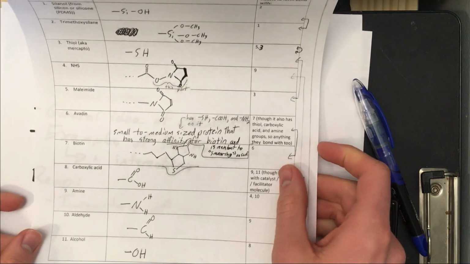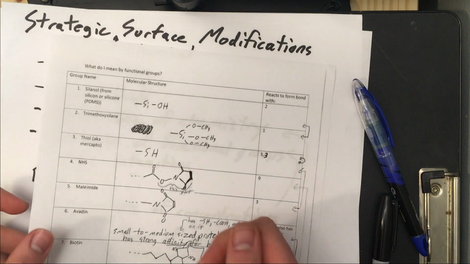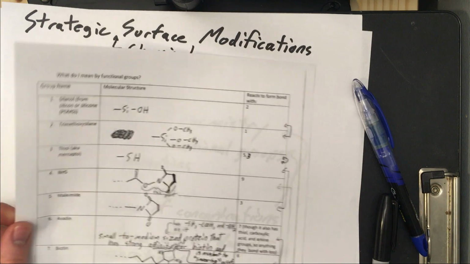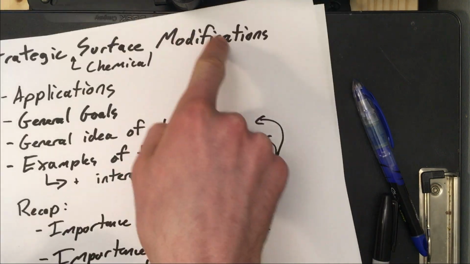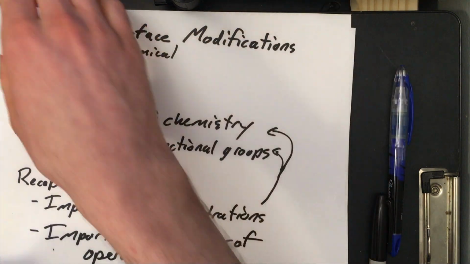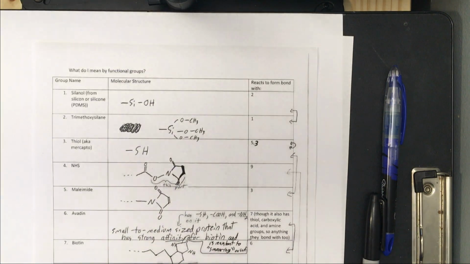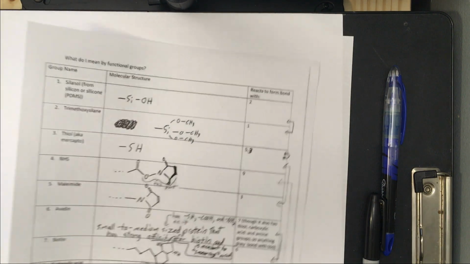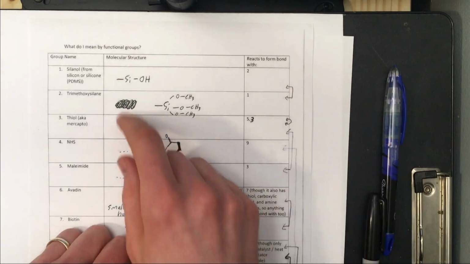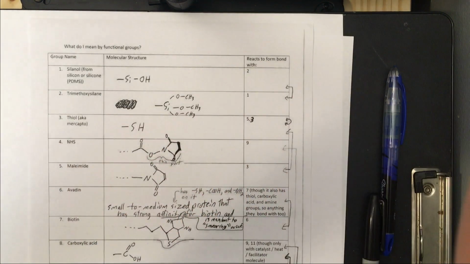So I'm gonna just sort of information dump a whole bunch of chemical groups, how they react with one another, and when they might be useful in the context of strategically attaching chemicals, and in particular proteins to surfaces. So let's talk through this list. I have a list of 11 or so functional groups, and how they might be useful in attaching molecules to surfaces.